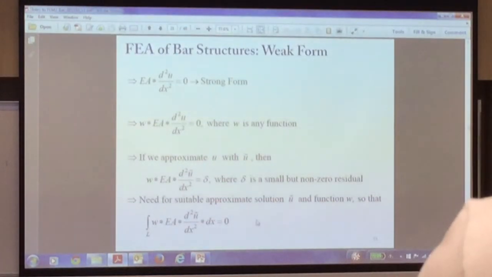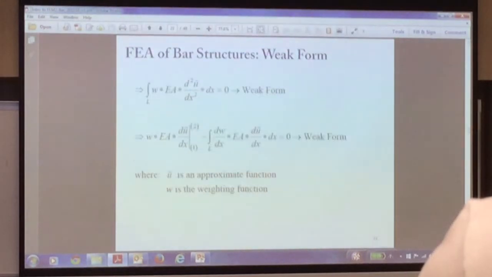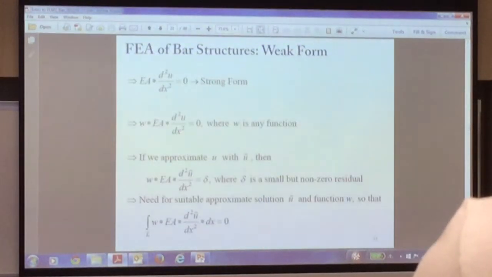Now, here you go. This is what we call the weak form. So take note, why do we call it the weak form? Because we only take the derivative once of this displacement. We're after the displacement, and if you go back here, we need to differentiate that displacement function twice.